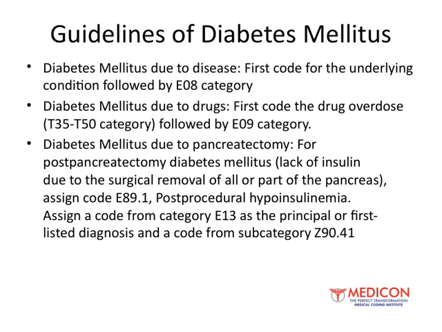These guidelines are crucial because they ensure that our coding accurately captures the underlying cause and context of the diabetes, which is essential for proper documentation and treatment planning. Remember, the sequence matters a lot here to reflect the true clinical picture.